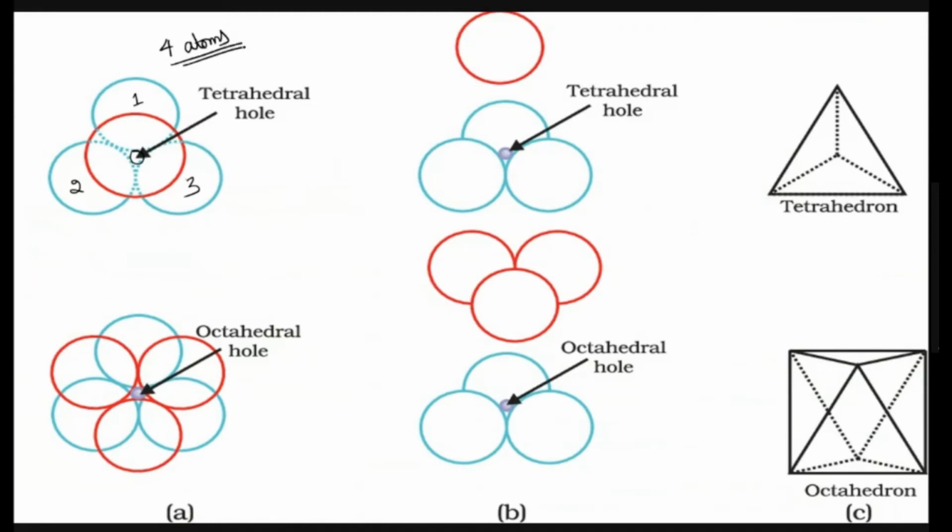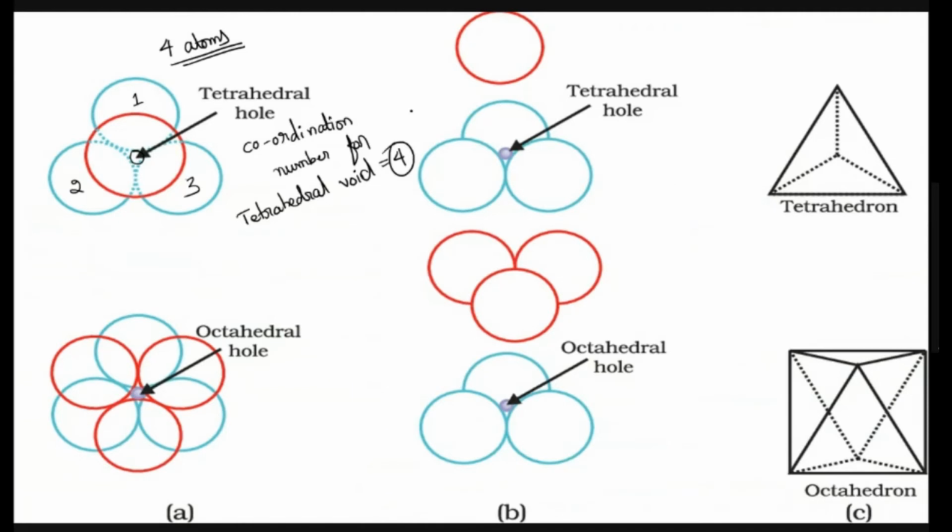That's why the coordination number for the tetrahedral void is 4. So very simple.